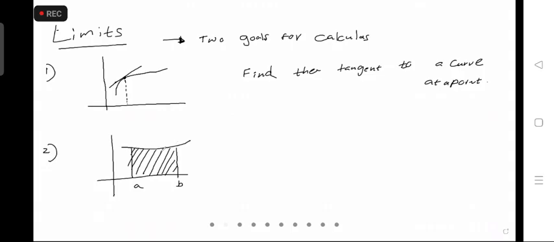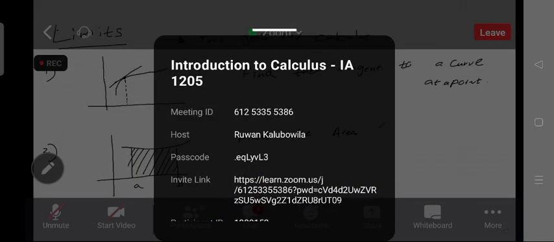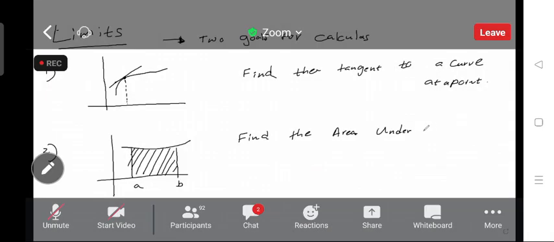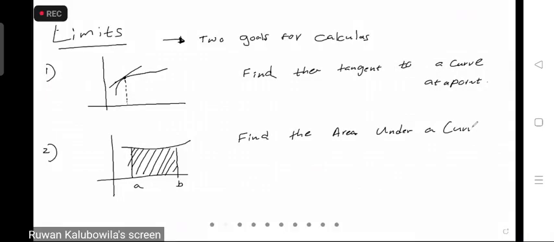Area under this curve. So the boundaries are two points. So the second goal is to find the area under the curve between the two points.